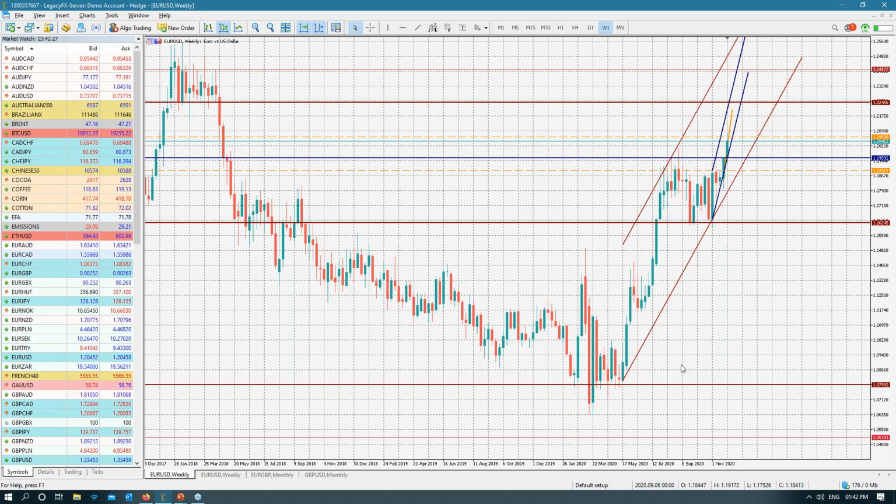Now, if you're wondering what is a support versus a resistance, it's very simple. A resistance resists the continuation of a movement. A support stops an opposite movement.